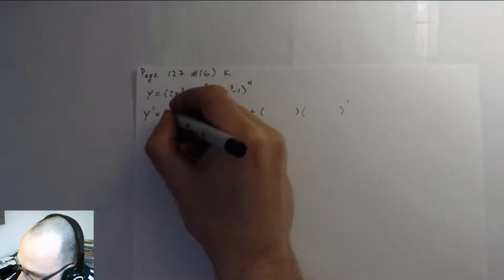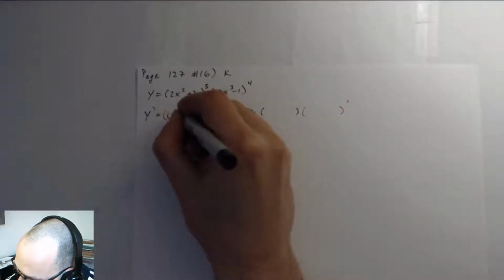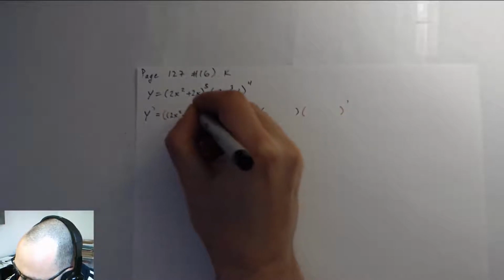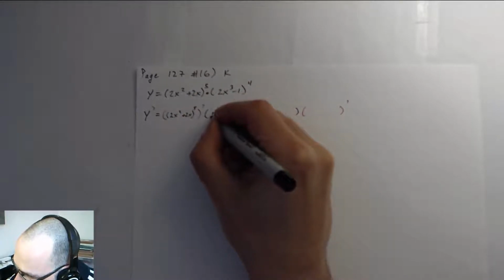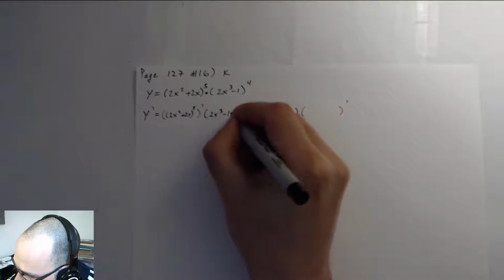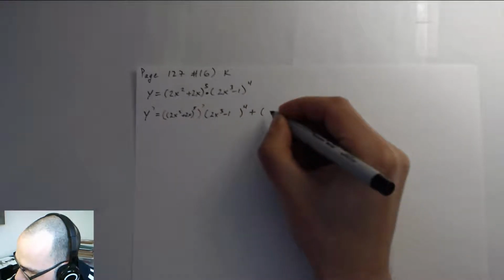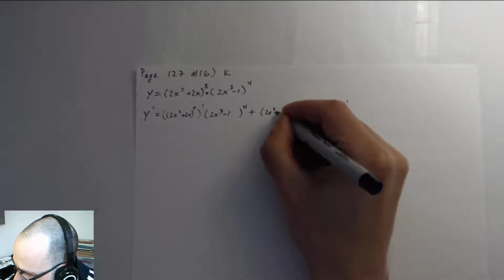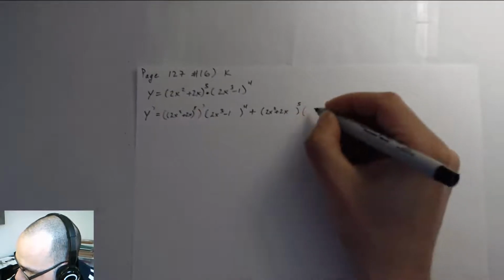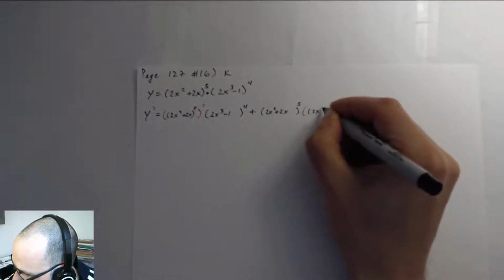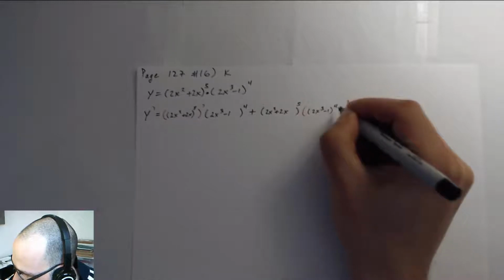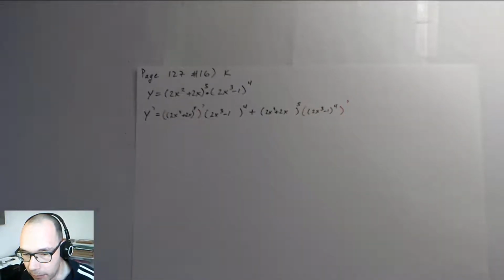Which one is going to be your first prime? Well, it's going to be 2x squared plus 2x to the power of 5 prime, multiplied by 2x cubed minus 1 to the power of 4, plus 2x squared plus 2x to the power of 5 multiplied by 2x cubed minus 1 to the power of 4 prime.